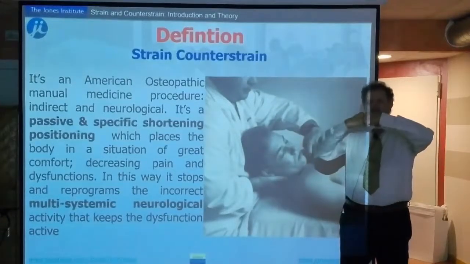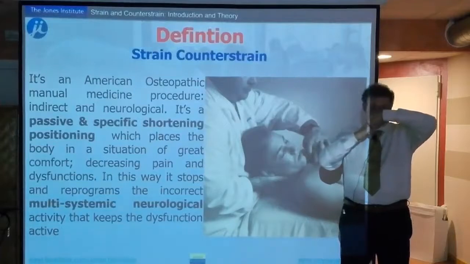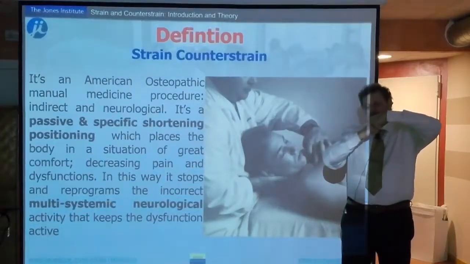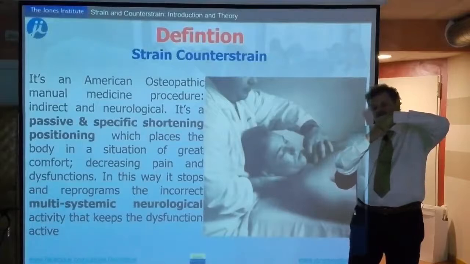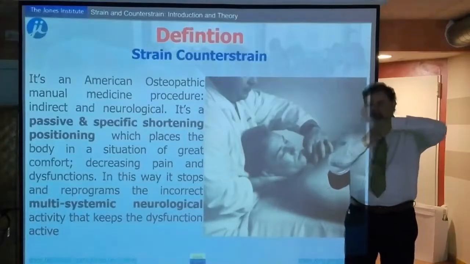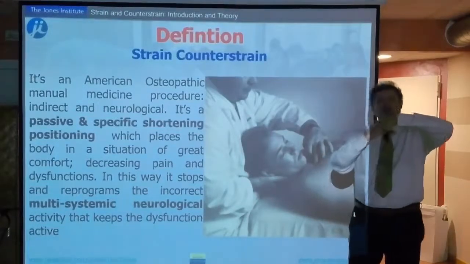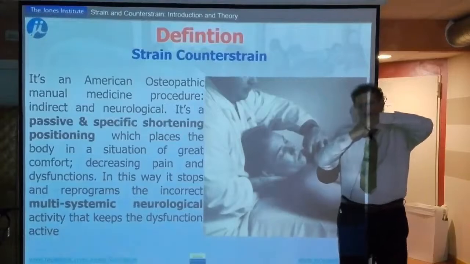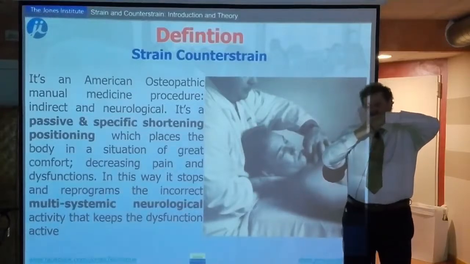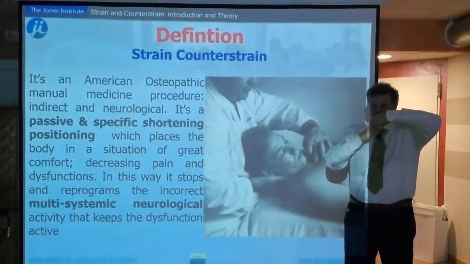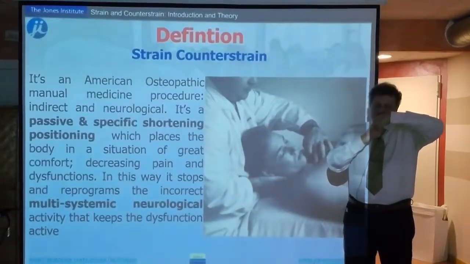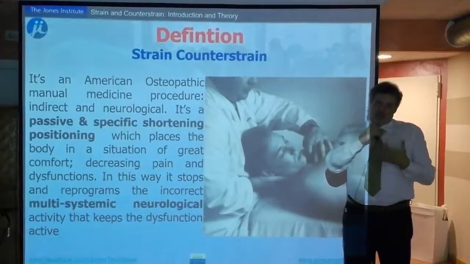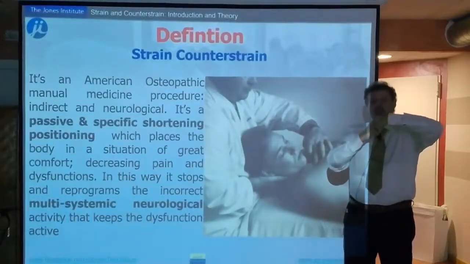Let's say a joint is blocked out of place. A direct technique will try to take this joint back to its place, so it's going to push it back to its original position. Instead, an indirect technique means that if the joint is out of place, we will not try to push it back, but we will try to do something to release the tension that is keeping this joint out of place.